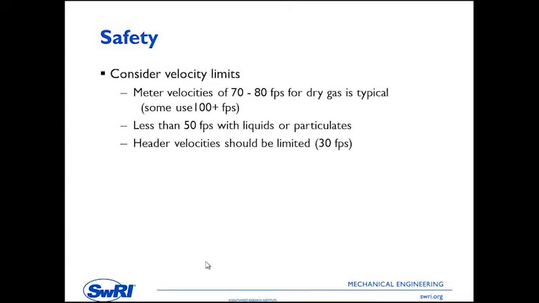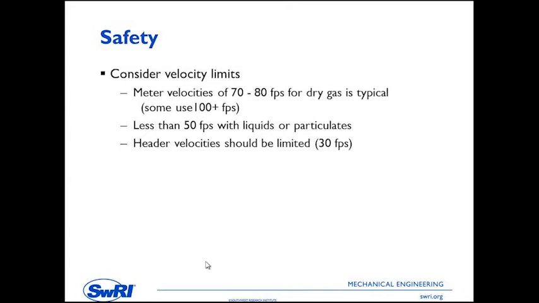If you have any free liquids or any particulates in the flow stream, you could have an erosion velocity concern that you need to pay attention to, and that particular erosion concern may not necessarily be a function of high velocity. It could be a low velocity concern depending on the piping configuration.